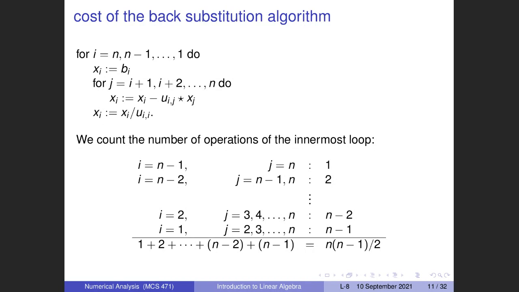We are computing n numbers, but we can do this with a number of operations that is quadratic. Now, not every number requires the same number of operations. So the last coefficient is computed by just one division. One needs to do a lot more work for computing the first number.